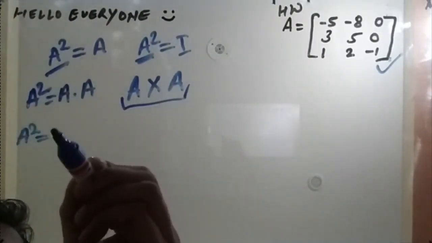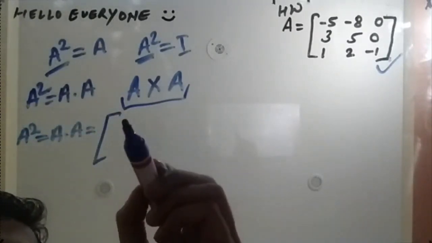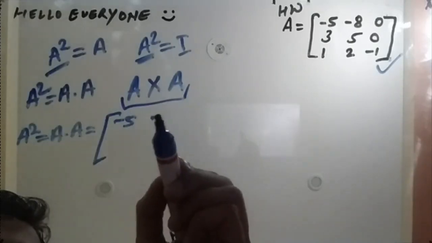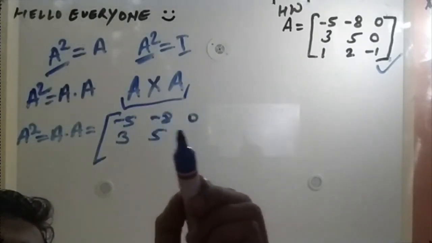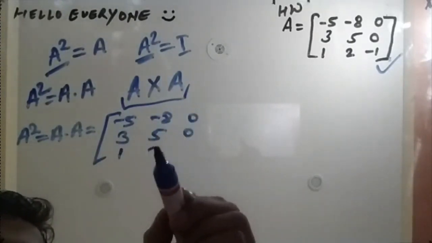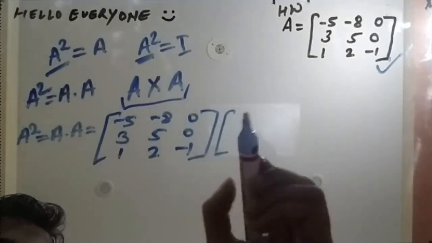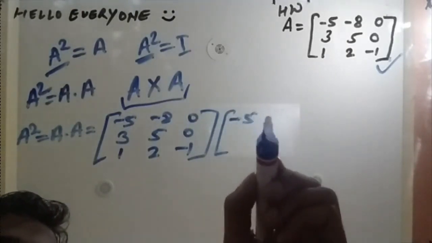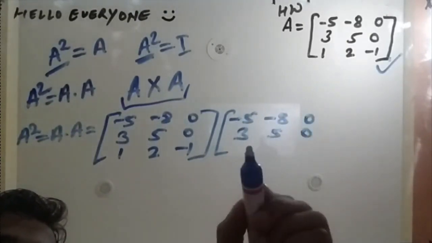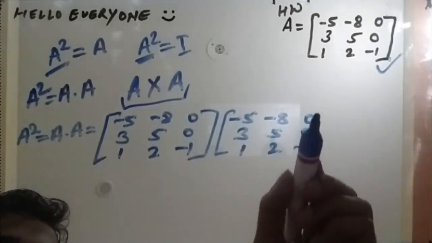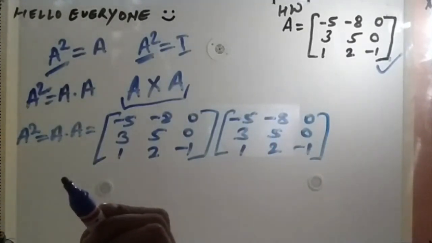A square equals A dot A equals the matrix minus 5, minus 8, 0; 3, 5, 0; 1, 2, minus 1, times the same matrix minus 5, minus 8, 0; 3, 5, 0; 1, 2, minus 1. Let's do the multiplication.